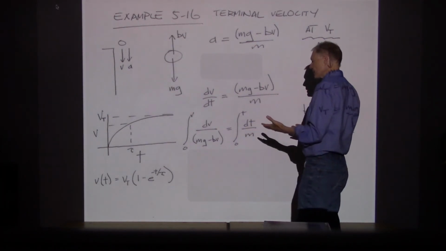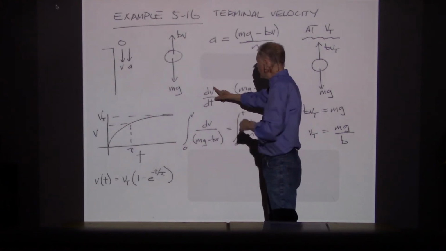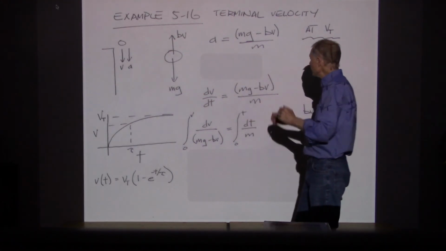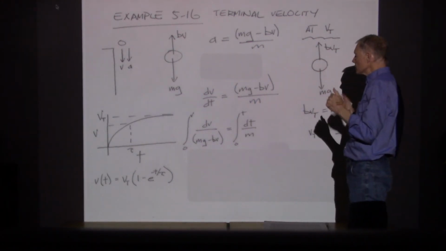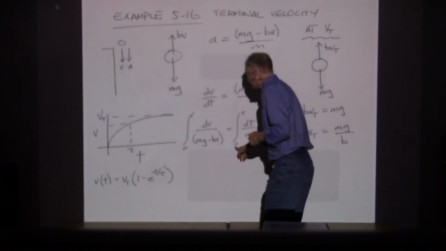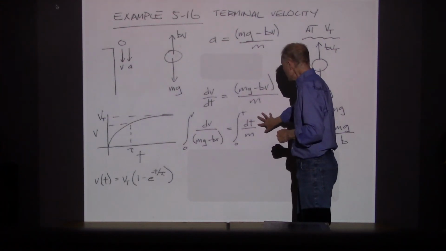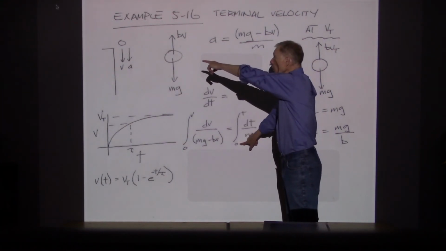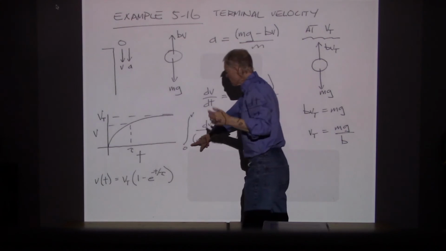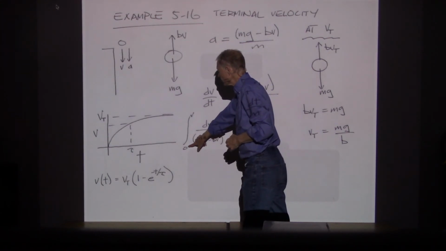Once we've got it set up with all of the v's on the left side and all of the t's on the right side, then we can integrate. So at that point, I can carry out the integration. For the integration, we're going to start off at t equals 0, and let's say we drop it from rest.